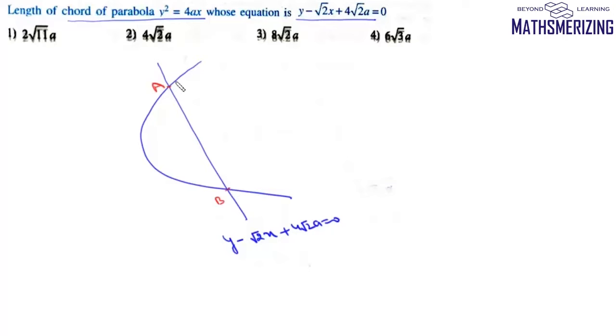So we know that any point on this parabola, we can write it as (at², 2at). So we'll find those points on this line which are of the form (at², 2at). So we'll just put this value in the equation. So we'll get 2at - √2at² + 4√2a = 0.